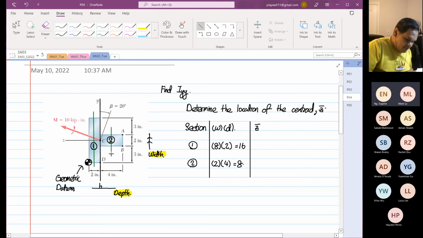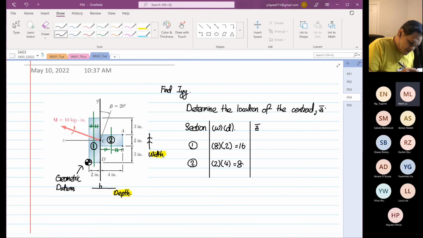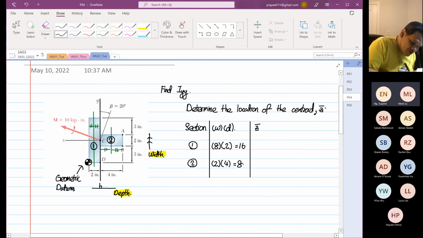Okay, and this can be done by observation, because it's exactly in the middle, and this distance and this distance are exactly the same. Okay, so for Z, because the datum is on the left hand side, it's the depth 2 divided by 2, half the depth, so it's 1 inch.